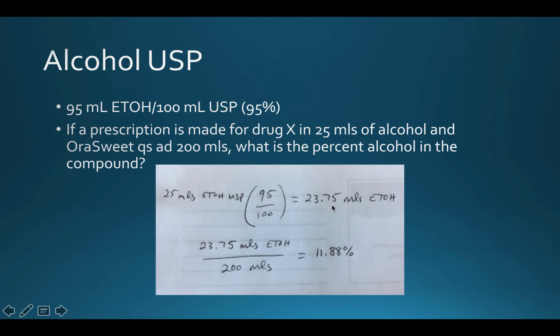Recognizing that it isn't a full 25 mils, it's 95% of 25 mils, we get 23.75 mils. From there, we divide to figure out our percentage of alcohol by our total quantity of 200 mils, and we get approximately 11%, or rounding up, approximately 12%.